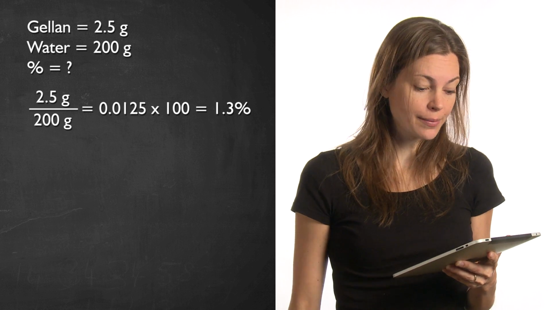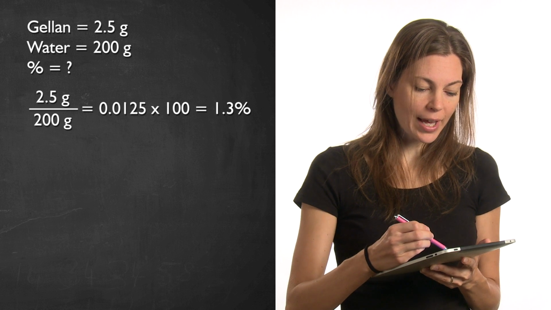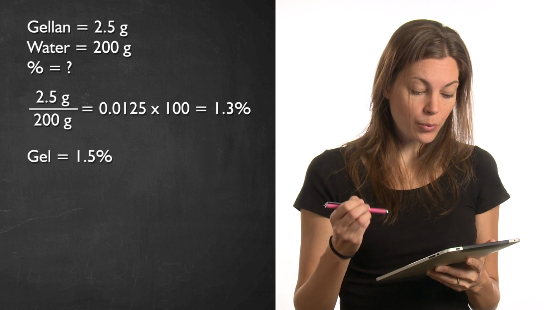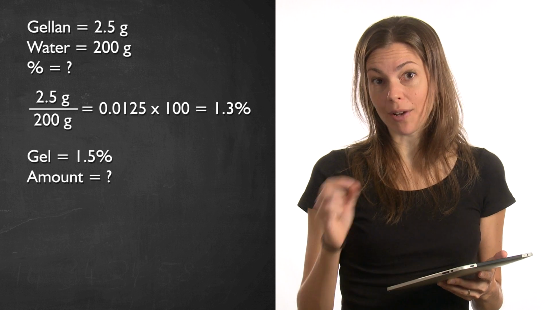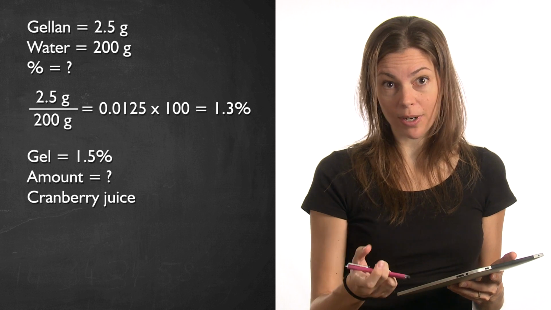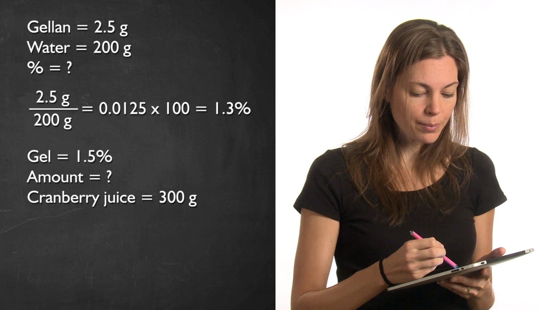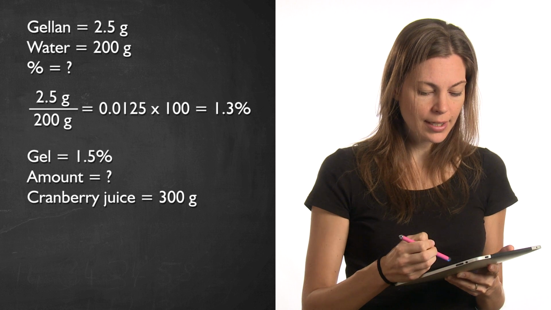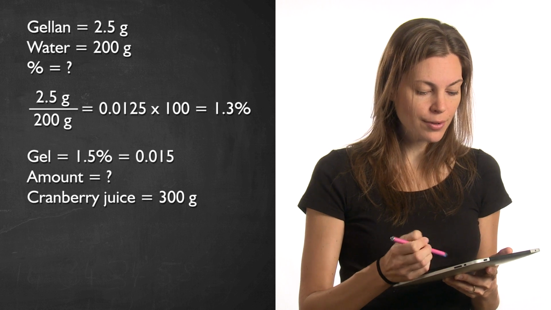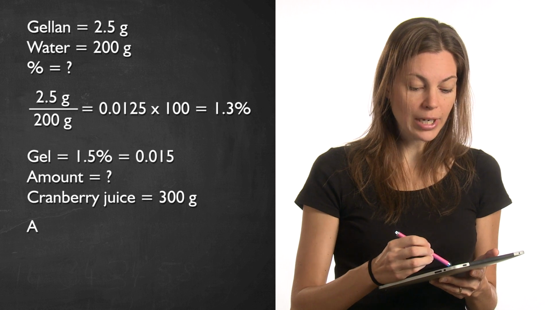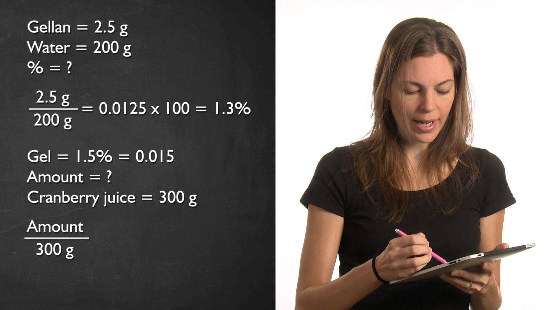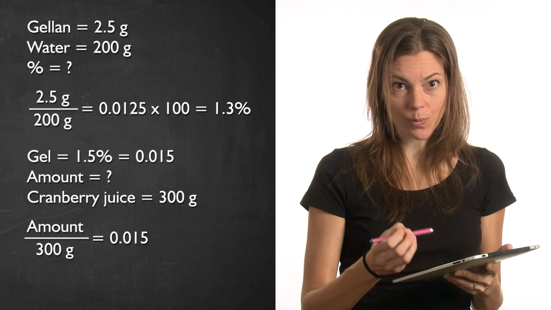In another example, let's say Dave Arnold wants to make a gel of cranberry juice made with a thickener, agar-agar. If the gel has a concentration of 1.5% of agar, what would be the total amount that you would have to add in order to make a gel from 300 grams of cranberry juice? So 1.5% is equal to 0.015, and we know that whatever amount we put in over 300 grams is going to equal this percentage.